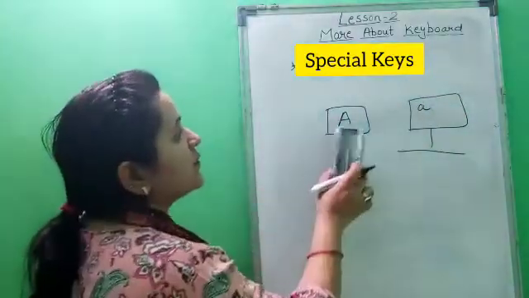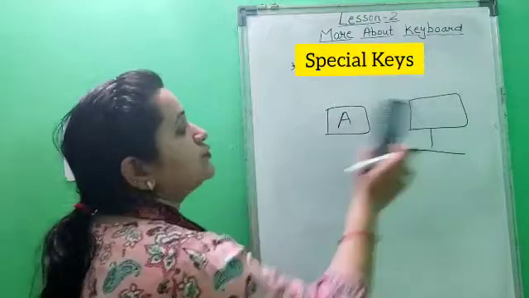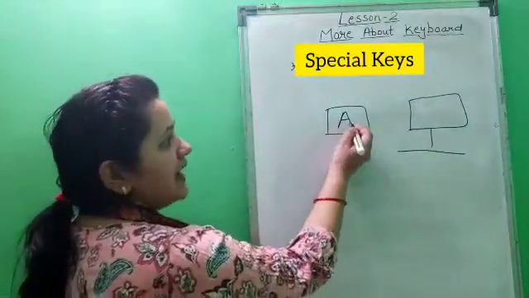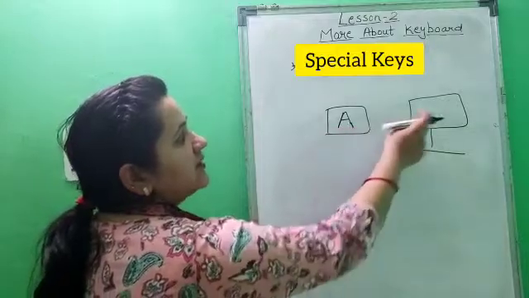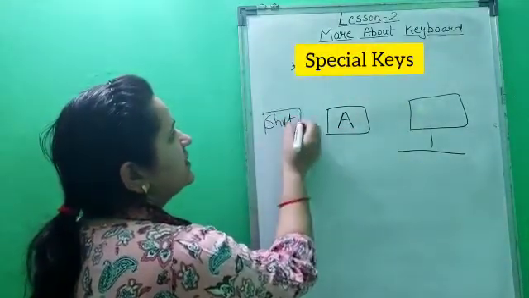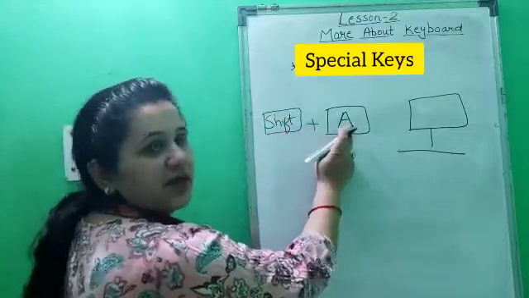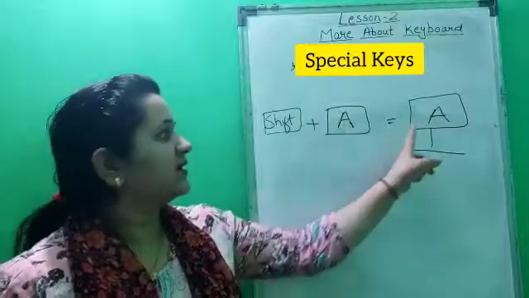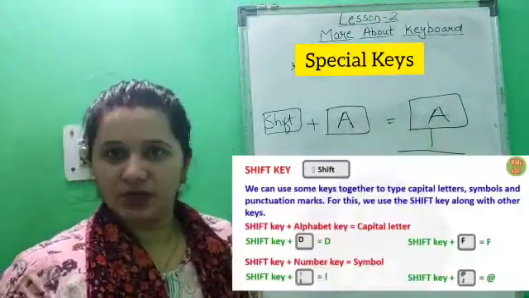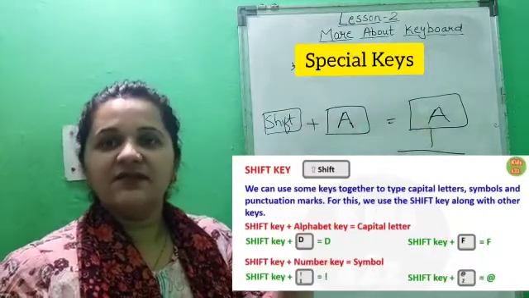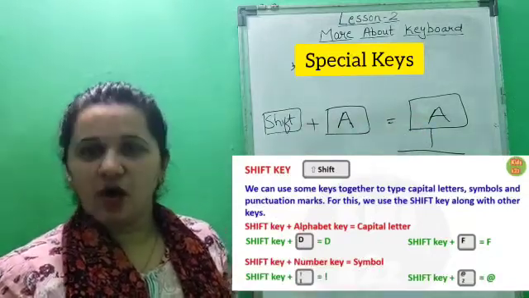Now if I want, without using the caps lock key, to make this capital, I want to type it in capital over here. So what I have to do, I have to press the shift key along with this alphabet key A, then the result will appear on the screen like this. Okay children, so shift key helps in typing the letters in capital when the caps lock key is off.